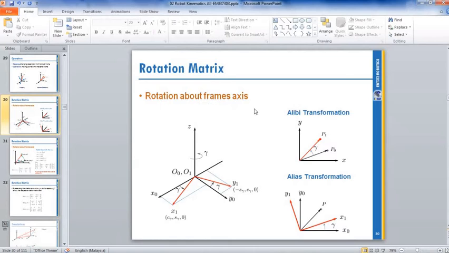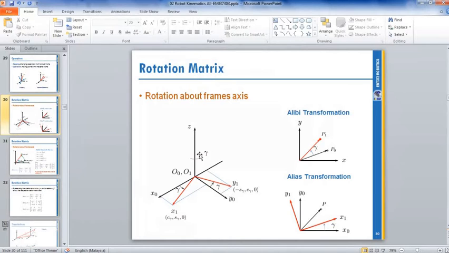Rotation about frame axis. If you see that X from this 0 frame to frame 1, you see X rotated and you see Y rotated by the same angle.